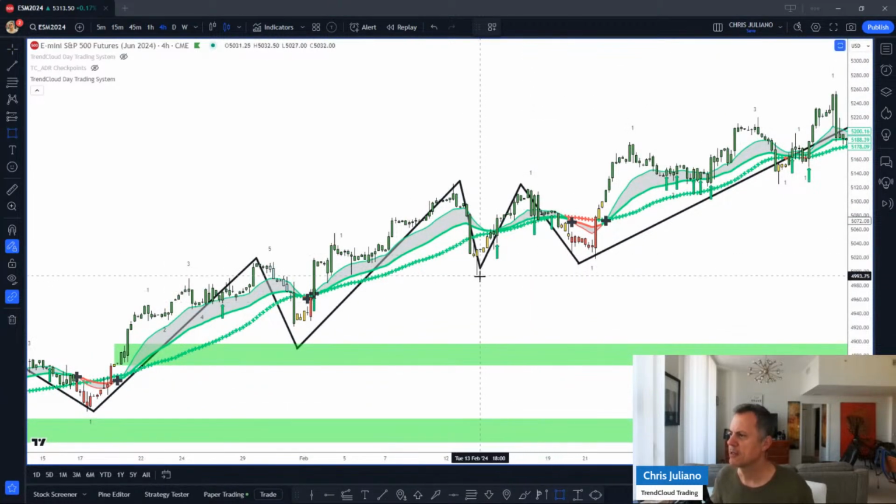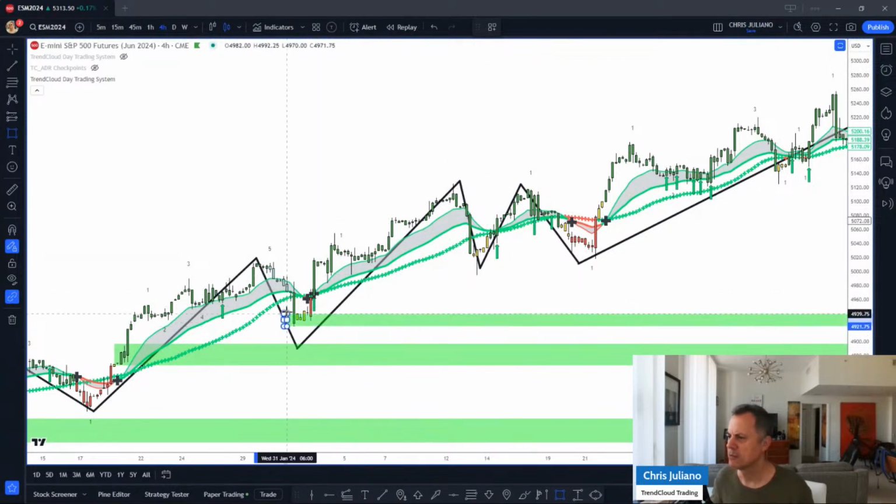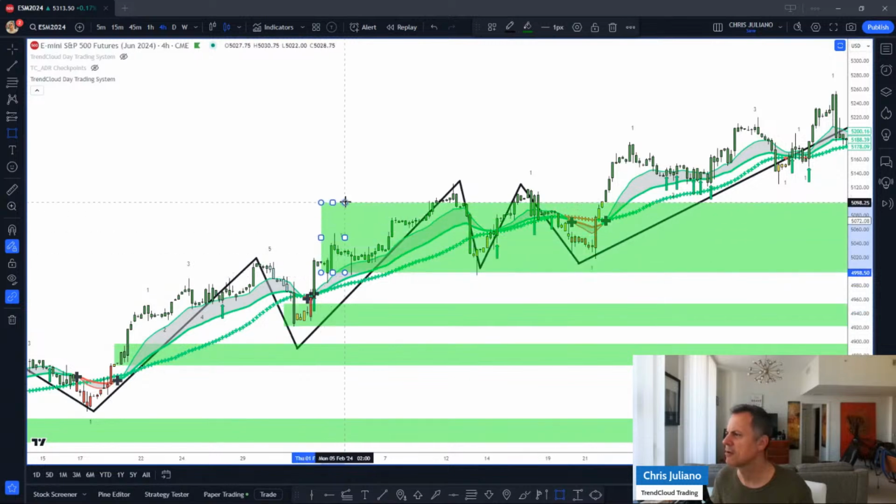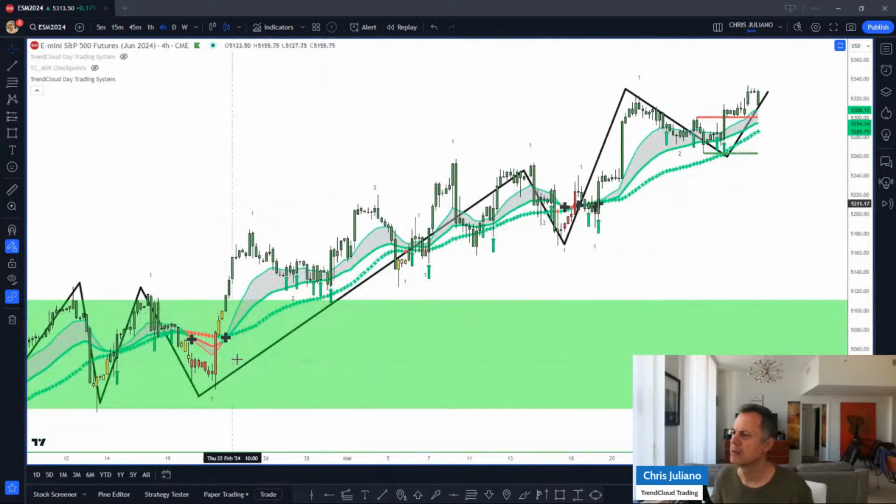Isn't that frustrating? Right here, where did this pull back to on the 4 hour chart? Looks like it missed that demand zone. All this is consolidation here. That's all consolidation. Here you're getting it now.